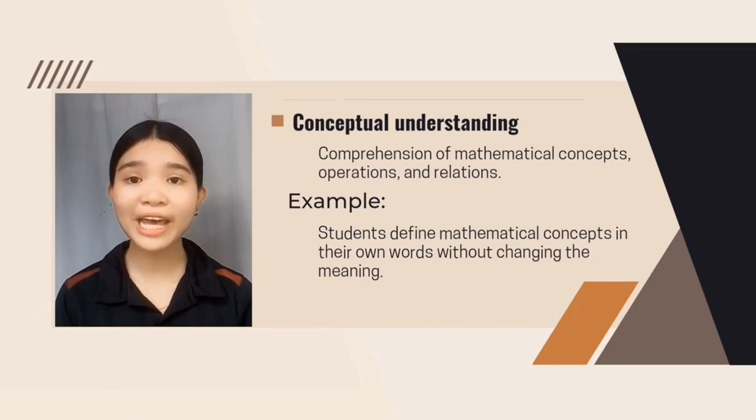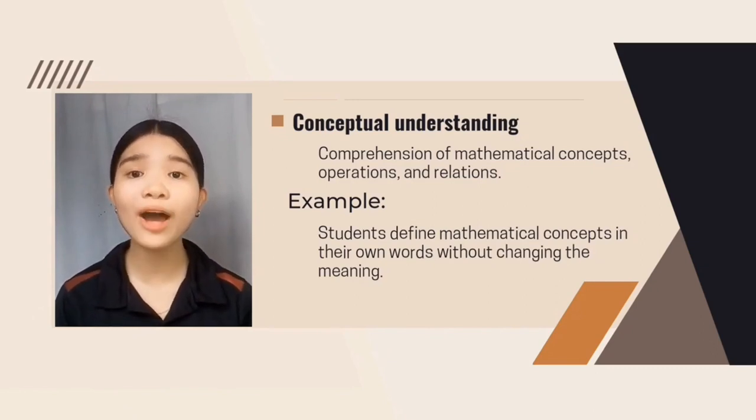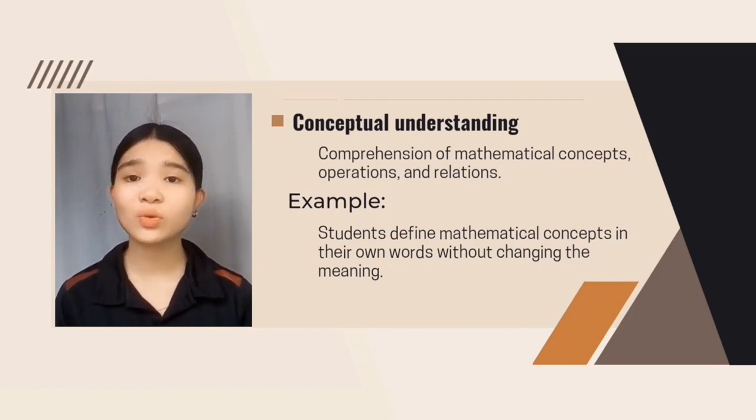Students with conceptual understanding understand why a mathematical idea is important and the kinds of context in which it is useful. They have organized their knowledge into a coherent whole, which enables them to learn new ideas by connecting those ideas to what they already know.